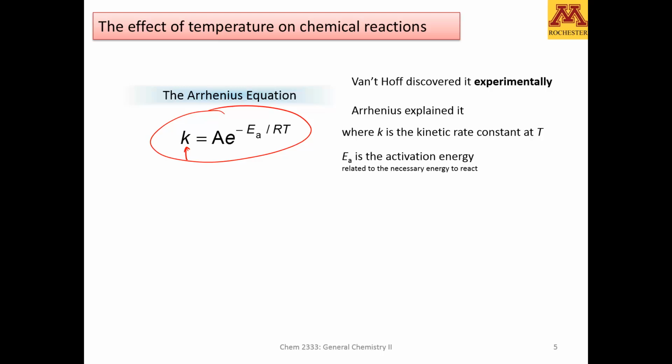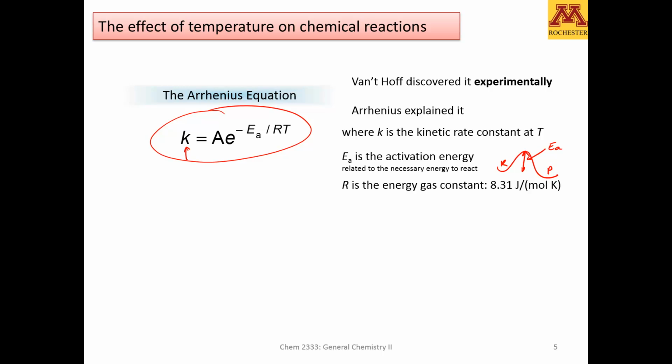E sub A is the so-called activation energy, and activation energy, if it's not the number of collisions, has to be related therefore to the necessary energy that it takes to reach products. So when you have a reaction, you must think of the necessary energy. These are your reactants, these are your products, and the necessary energy to go from reactants to products will be your activation energy.